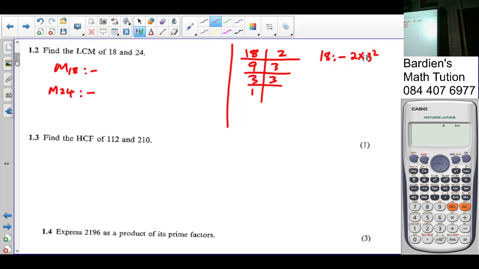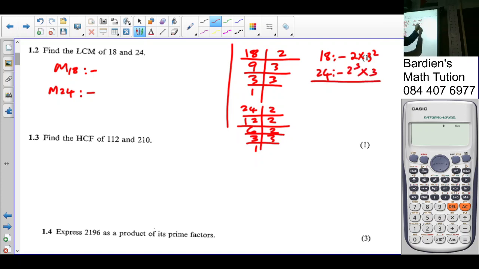We're going to look at 24. 2 goes 12. 2 goes 6. 2 goes 3. 3 goes 1. So for 24, it's going to be 2 cubed times 3. So for the lowest common multiple, the rule says the base does not have to occur in all of them, and we will take the highest exponent.